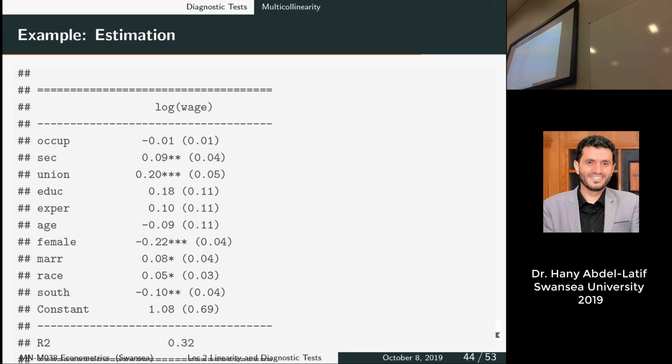And look at the R square. R square here is 0.32. Is this high or low? R square goes from 0 to 1. If it is 0, your model explains 0% of the variation in your dependent variable, in this case wage.